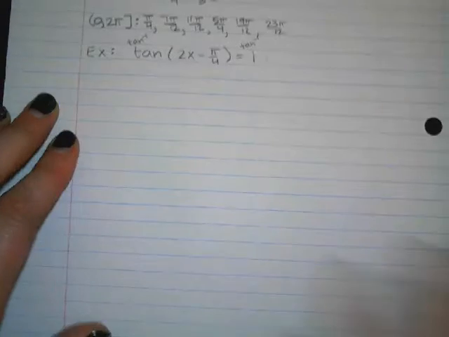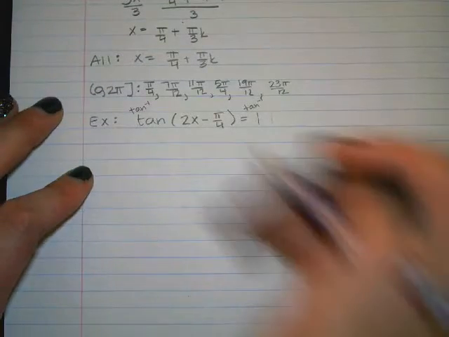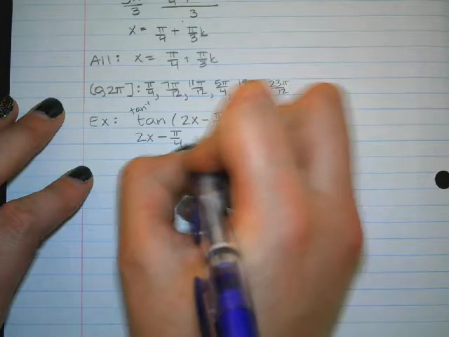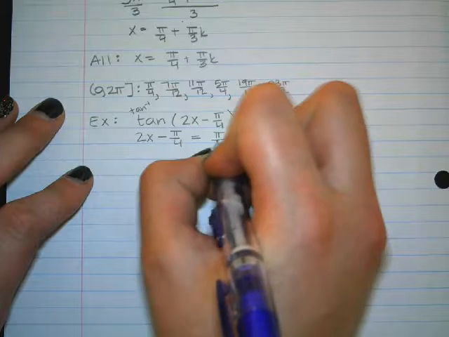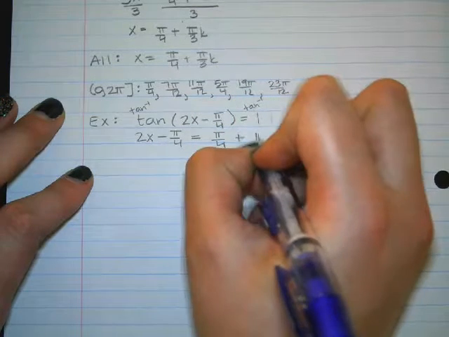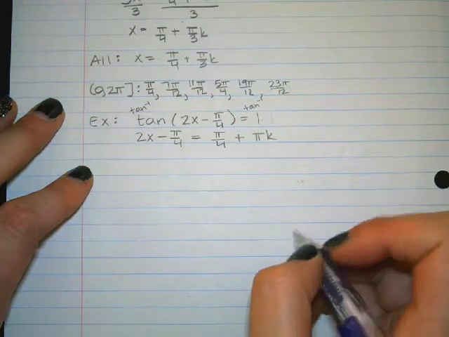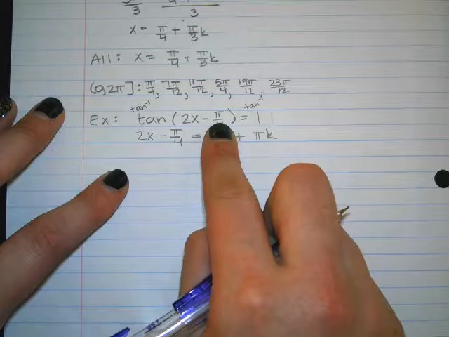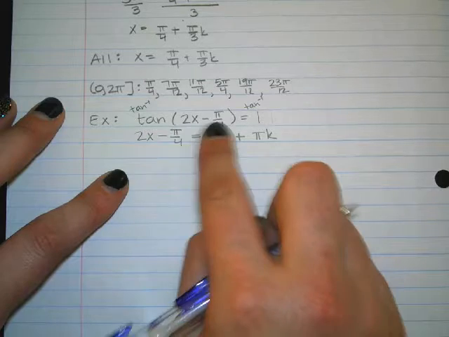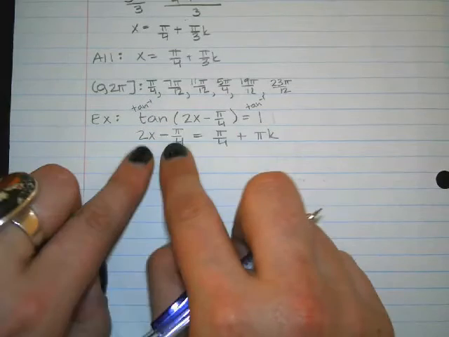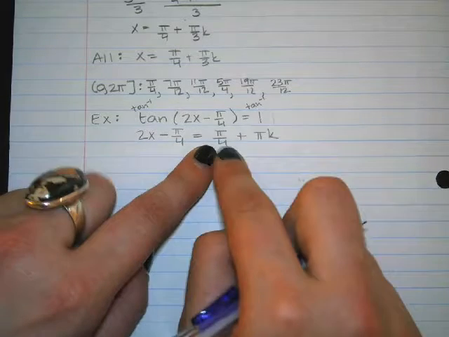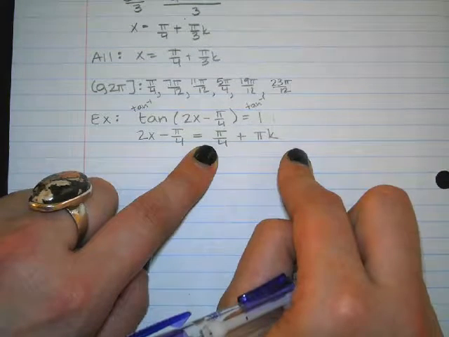Okay. So I'm going to say 2x minus pi fourths equals pi fourths plus pi k. So what I did is I said the stuff inside the parentheses, right? I took away the tan, so I have the stuff in the parentheses left over. So I said that stuff in the parentheses left over equals, and then tan inverse of 1 was pi fourths plus pi k.